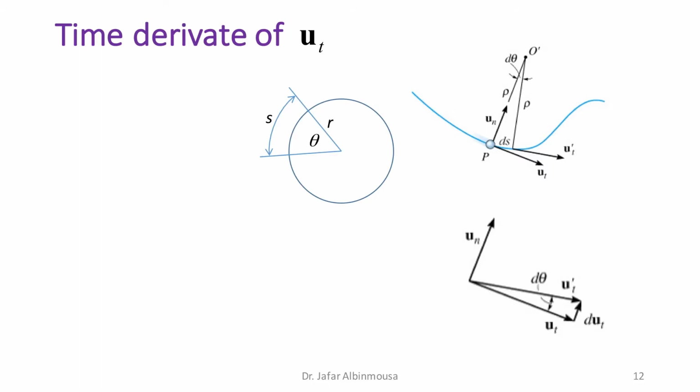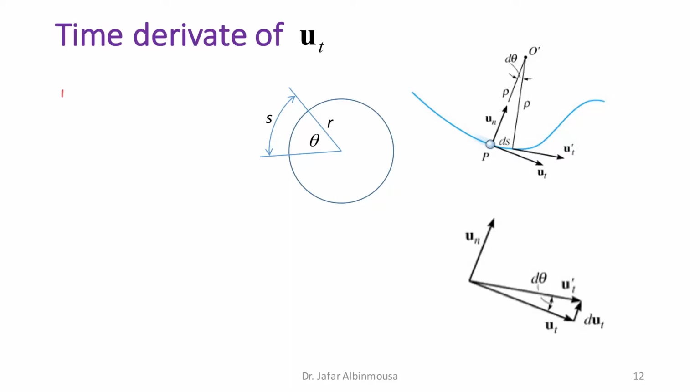What we do here is we call the angle, which measures the difference between these two vectors, d theta, the differential angular displacement. And this one is dut, which is the amount of change in ut, the tangential unit vector.